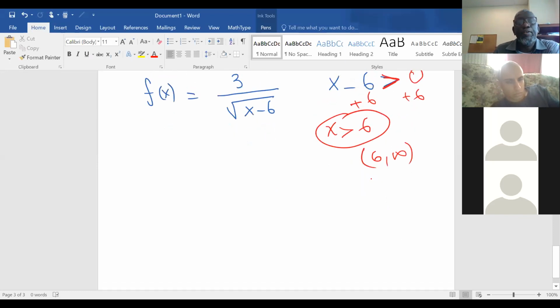Okay, so now if you have f of x is equal to cube root now. If you have a calculator, you can try the cube root of a negative number and see if your calculator will tell you impossible or possible, right?